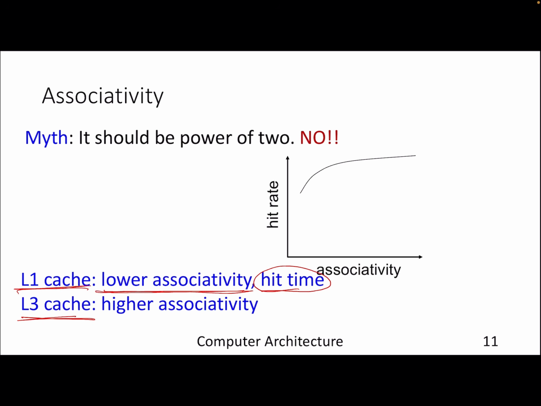And one thing that you should keep in mind is associativity need not be a power of 2. It's kind of a myth if you are aware of some articles or books which talk about that, but you will find commercial machines with associativity which is not a power of 2.